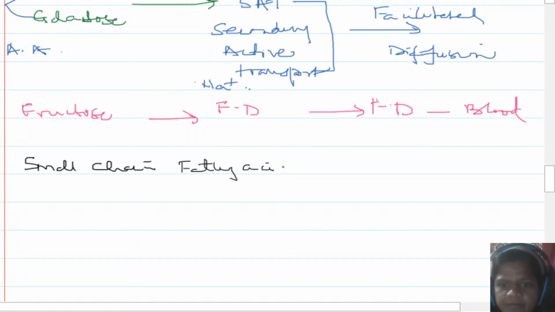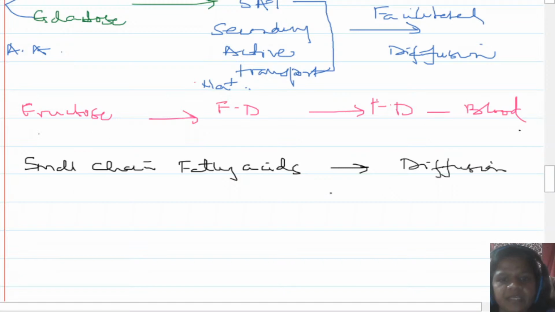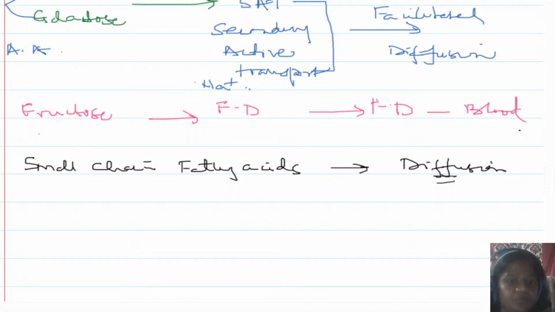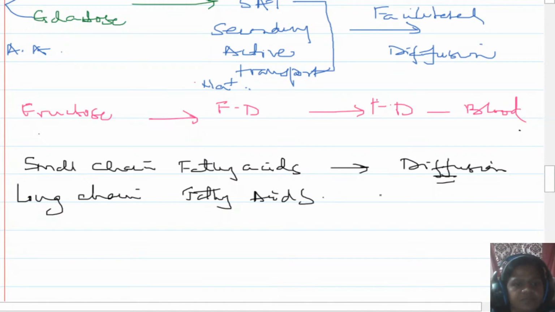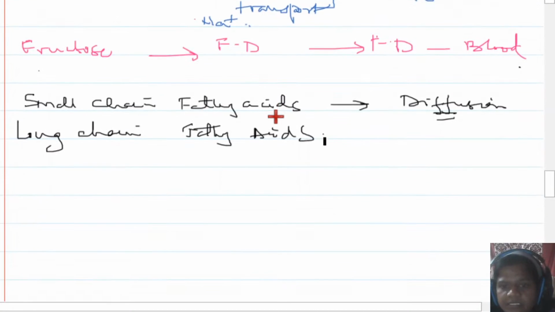They enter the bloodstream through diffusion. All the way from the lumen to the bloodstream, it goes through simple diffusion. But what happens when there are long chain fatty acids? Now there's a different process for this. So let's see.